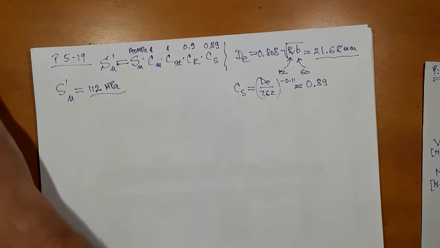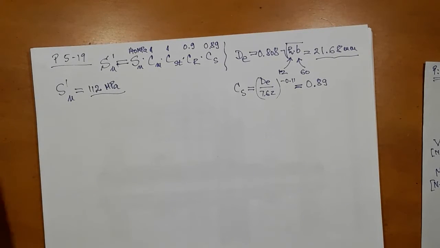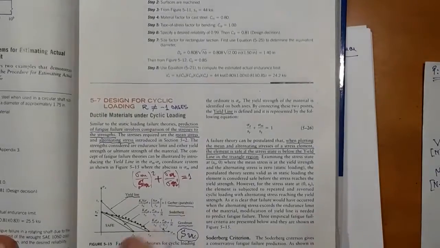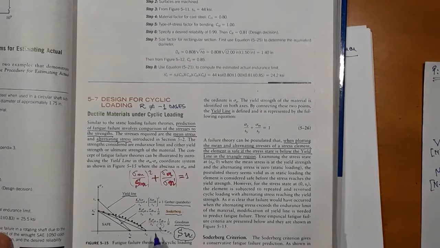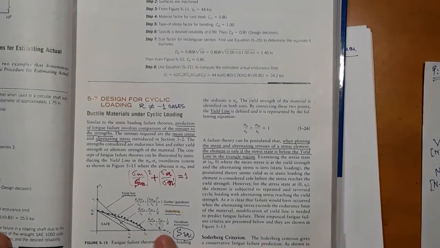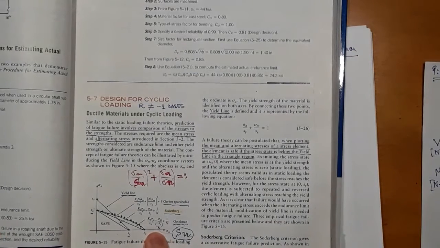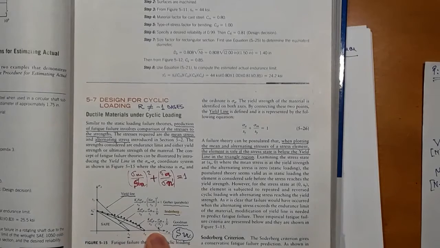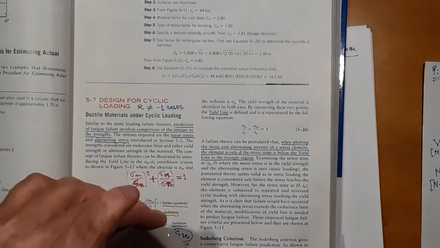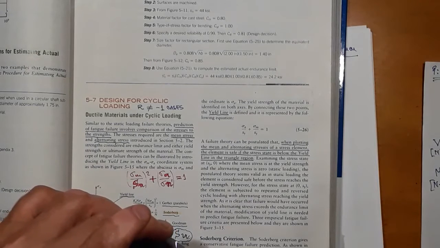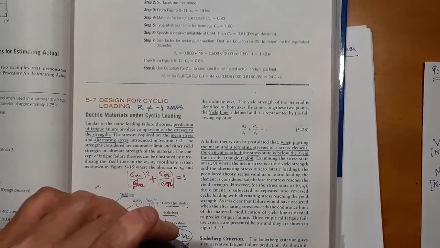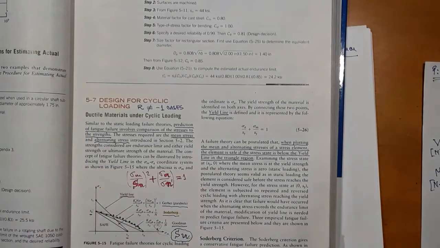Okay, so we have everything, and we could now plot the mean and alternating stress, and we're going to use the Goodman line. Again, stress concentration factor is 1, and don't forget the equation on the figure has a typo. The sigma m shouldn't be divided by SY, but rather SU.